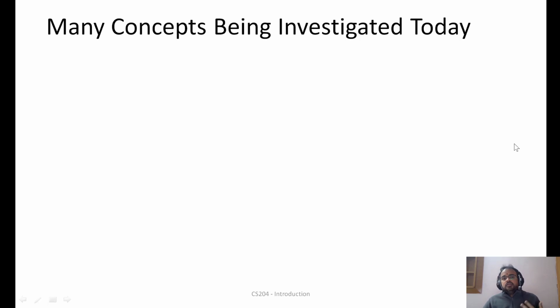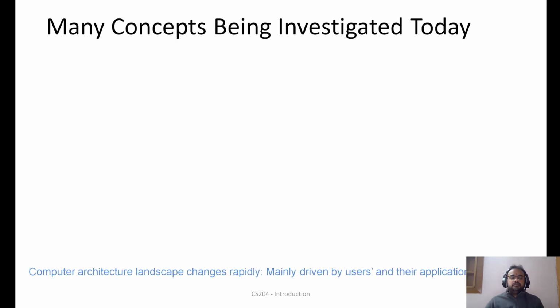Like I mentioned, many concepts are being investigated today, and the very nature of the computer architecture landscape is that it changes very rapidly. What the design was in the chip yesterday need not be relevant today because it's completely driven by the applications that they need to handle and the demand from the users.